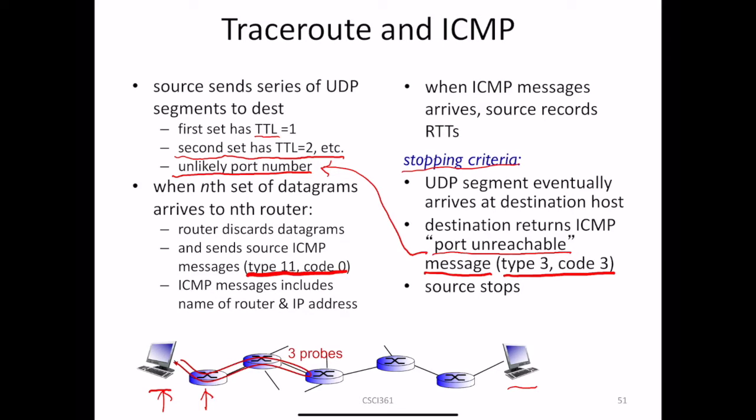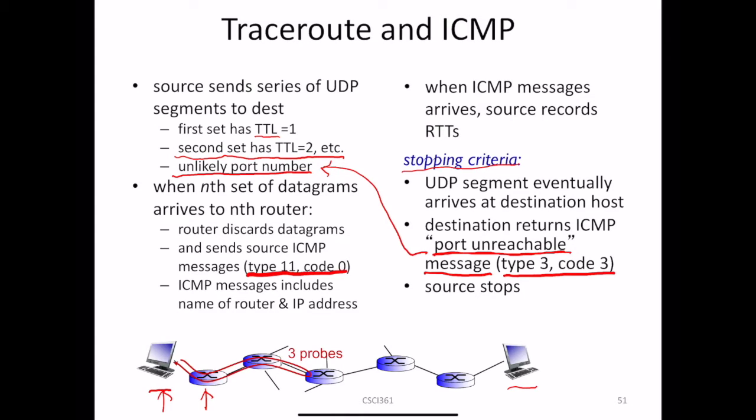So that's the purpose. In this situation, even though the destination receives that probe, because the port number is incorrect or invalid, it won't forward this segment or datagram to the upper layer because of the port unreachable problem.